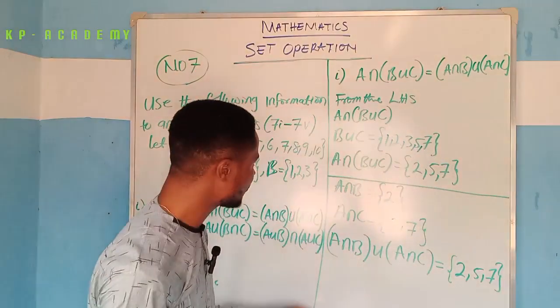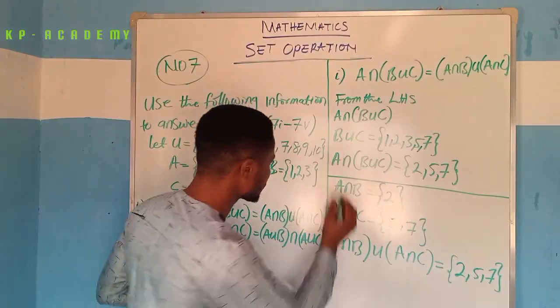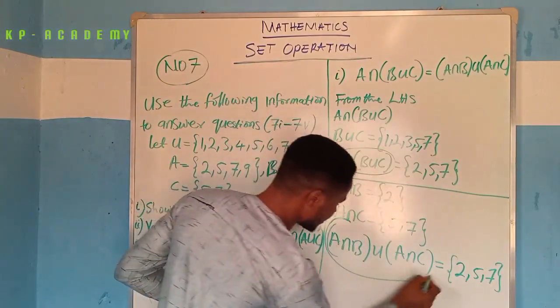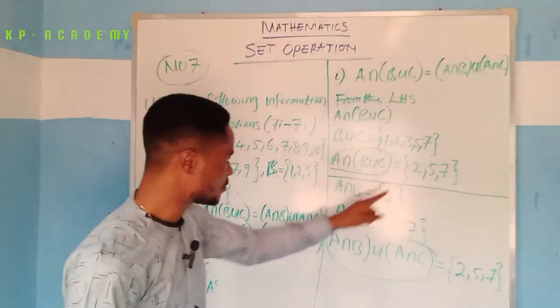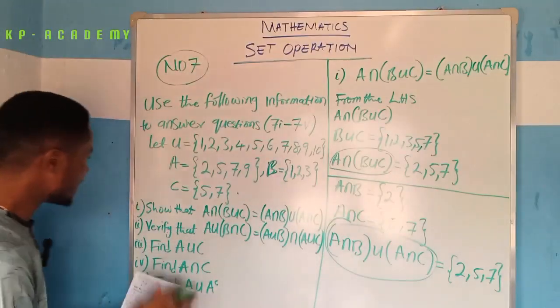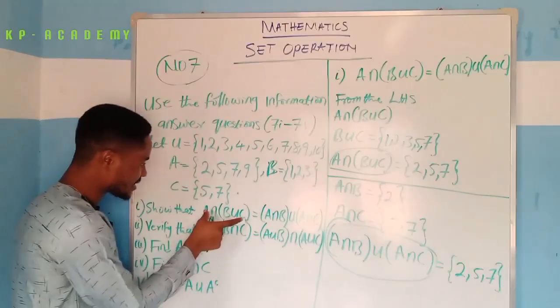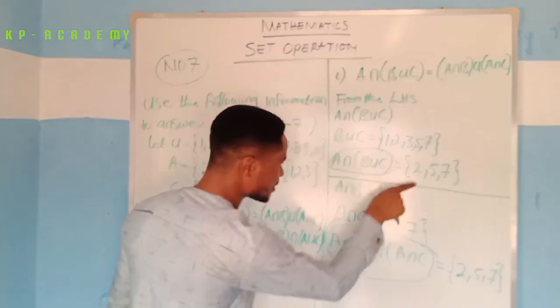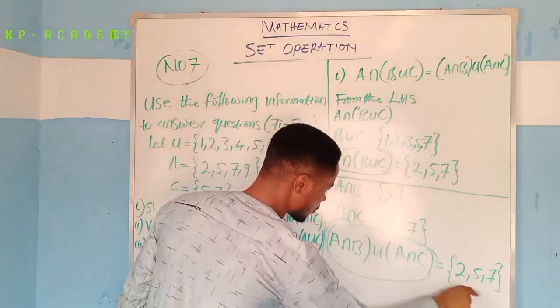Now, if you watch carefully, this set and the whole of this set are equal. Therefore, the statement is equal. This statement is trying to say that this is equal to this, and we have proved that what we have here is the same as what we have here.